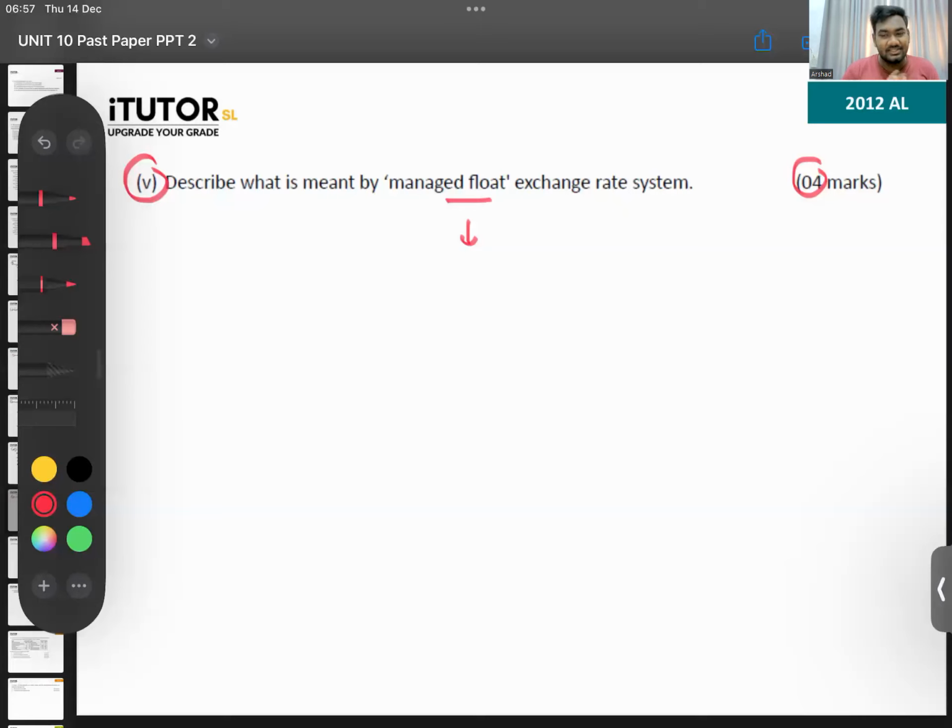The exchange rate is set to freely float within a certain range. However, if it goes above or below this range, the central bank or monetary authority of the country would intervene and keep it within the range. That is what you call a managed float exchange rate system.